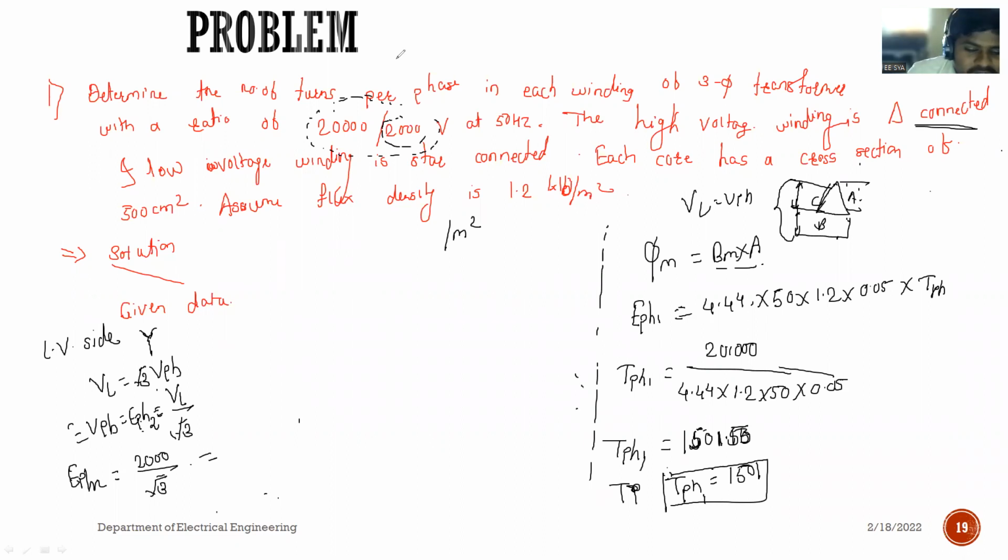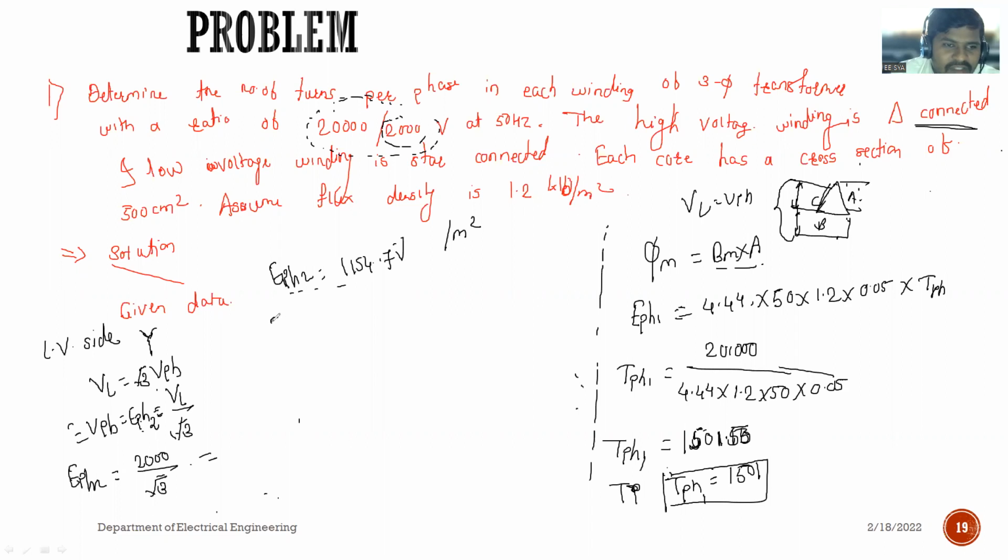Yes, sir, correct. EPH2 it is equals to 1154.7. Okay. Now you know the value of induced EMF at the secondary side, that is EPH2 or phase voltage across the secondary phases.